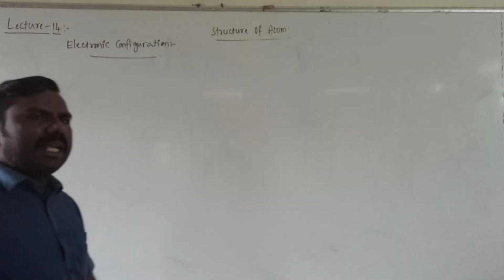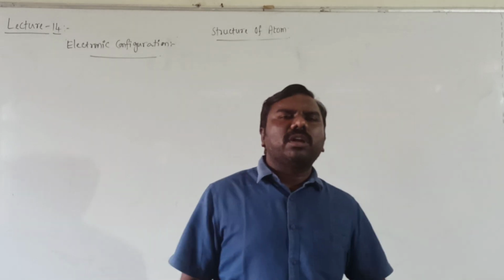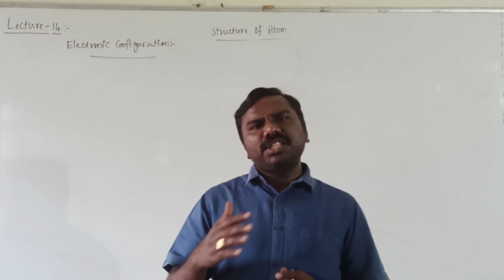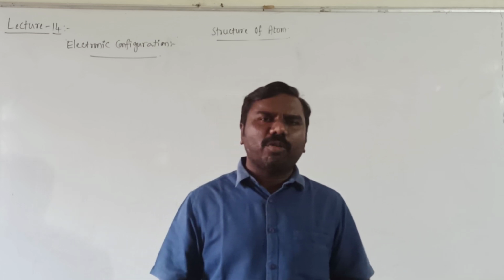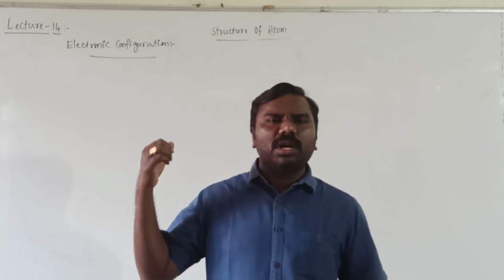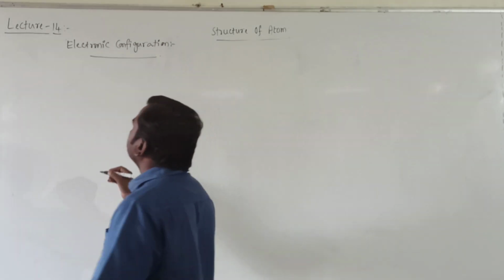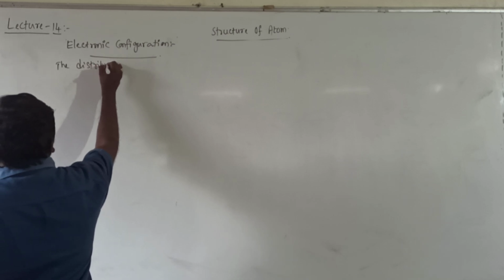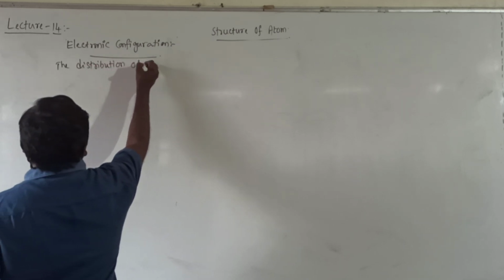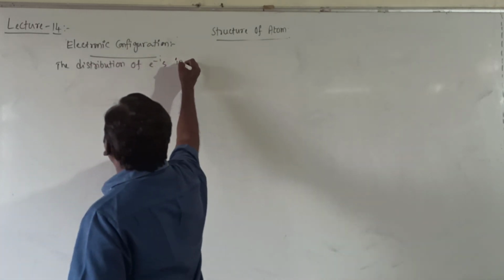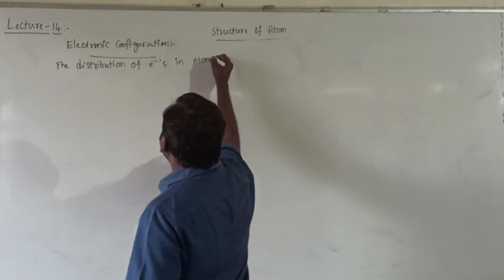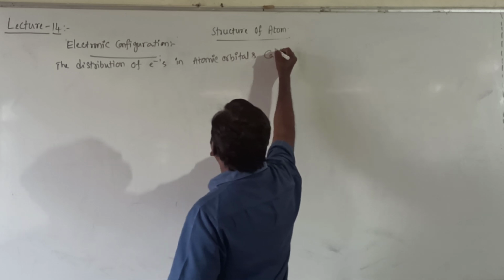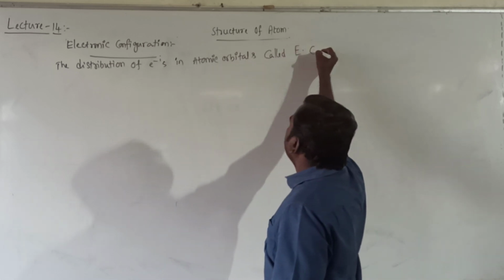Okay, the next is electronic configuration. It means how the electrons are distributed in various atomic orbitals in an atom is called electronic configuration.